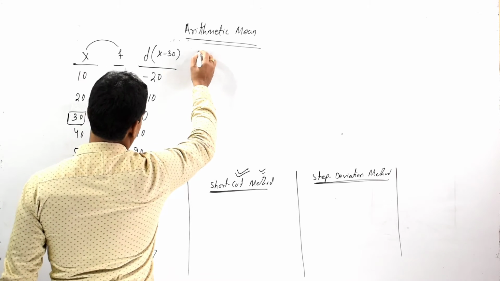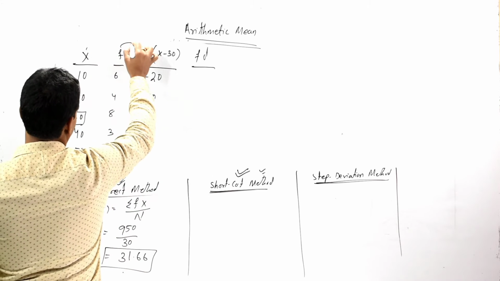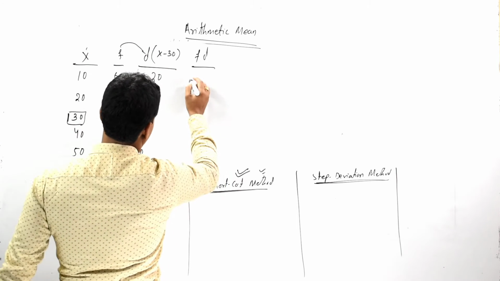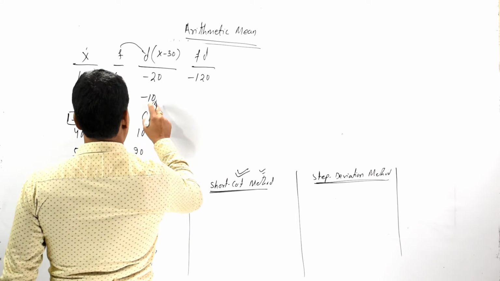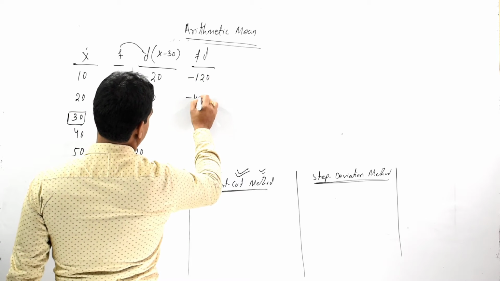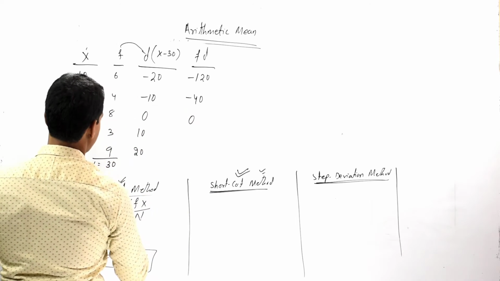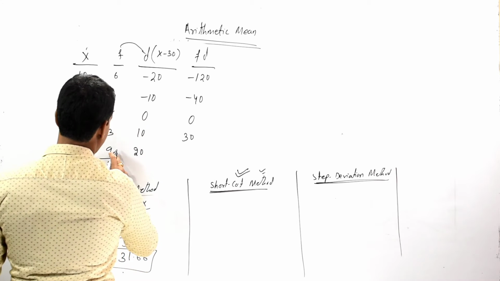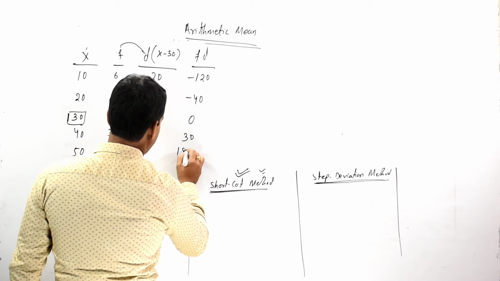Now find out fd, that is f into deviation. So 6 into minus 20 is minus 120, 4 into minus 10 is minus 40, 8 into 0 is 0, 3 into 10 is 30, 9 into 20 is 180.